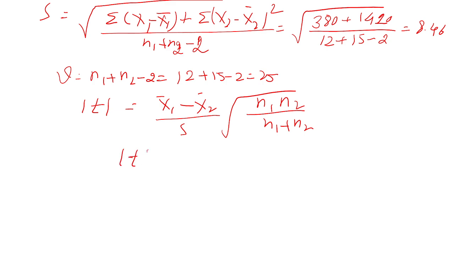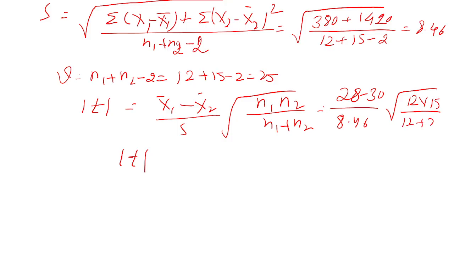If you calculate, we'll keep the values: 28 minus 30, S is 8.46, 12 into 15, 12 plus 15. So the T value will eventually be 0.610.